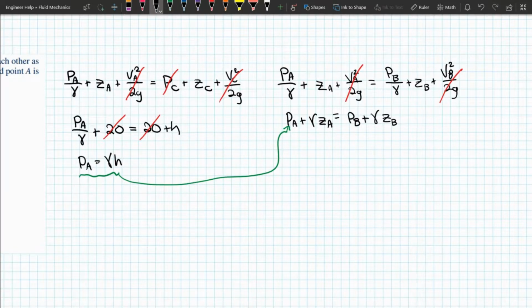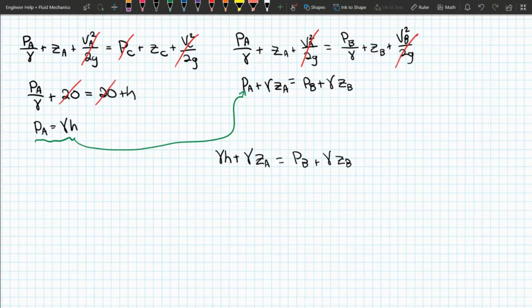So rewriting that, that's going to be gamma times h plus gamma times the elevation at A equals the pressure at B plus gamma times the elevation at B.